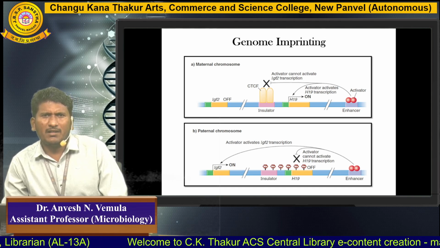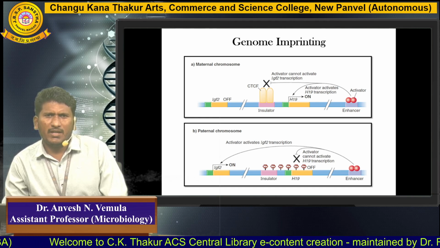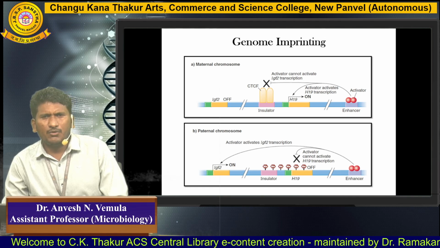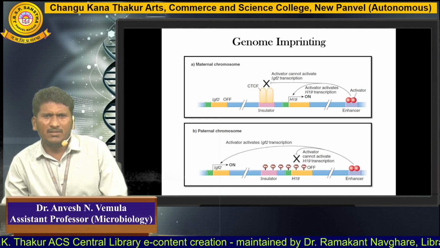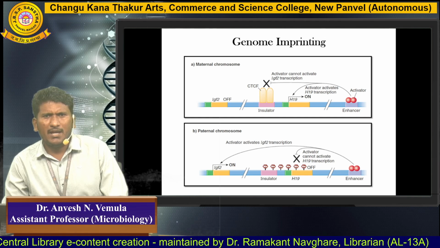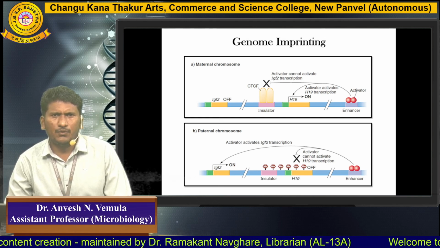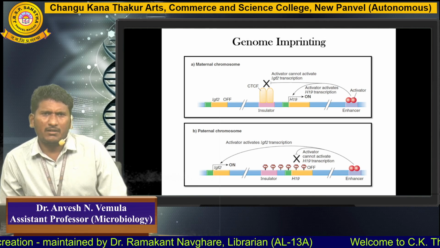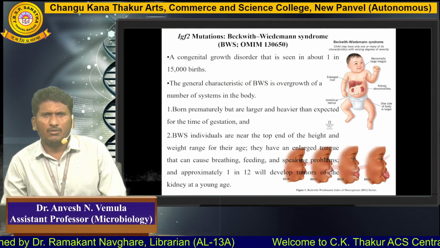In the paternal chromosome, due to DNA methylation of H19, the enhancer located upstream of H19 directly acts on the expression of IGF2, turning off H19. In this way, IGF2 is expressed only on the paternal chromosome and H19 is expressed on the maternal chromosome.